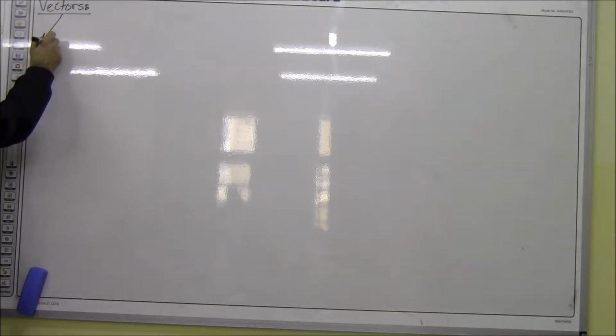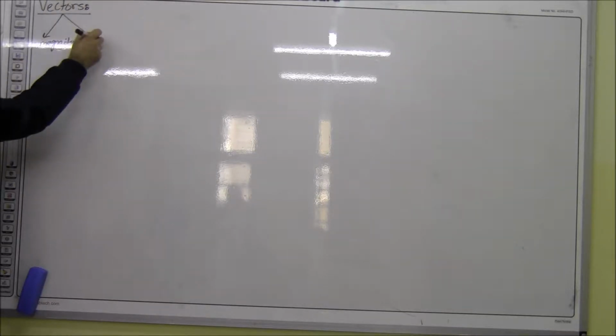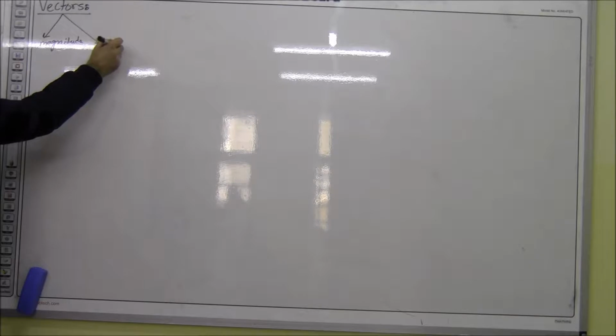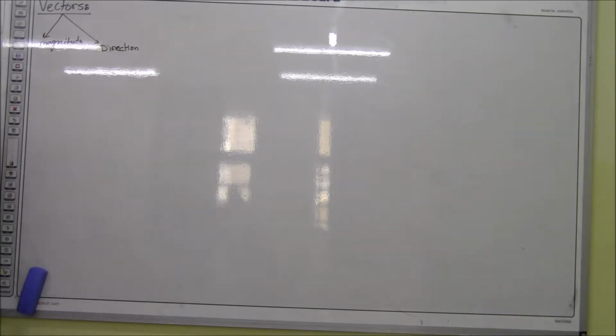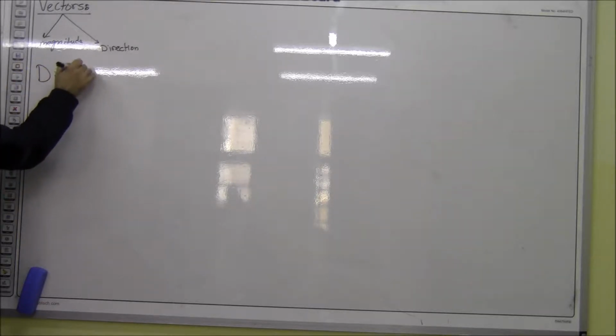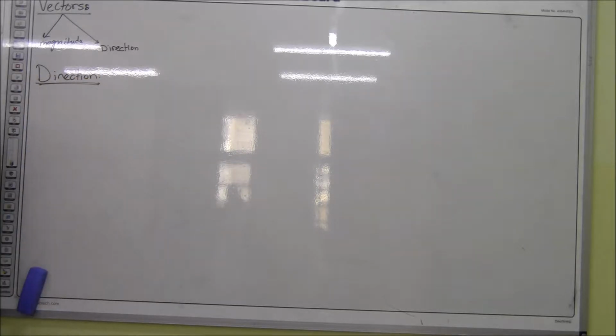A vector has magnitude and direction. And we have to know how to determine the direction. So first of all, we have to talk about direction.